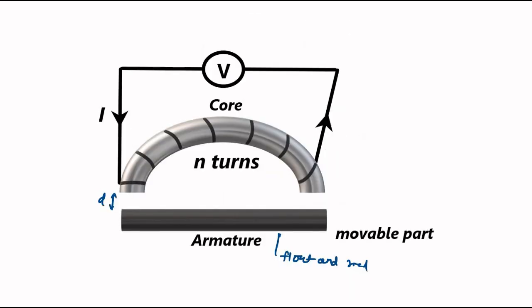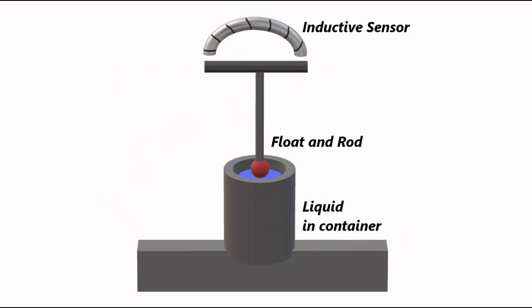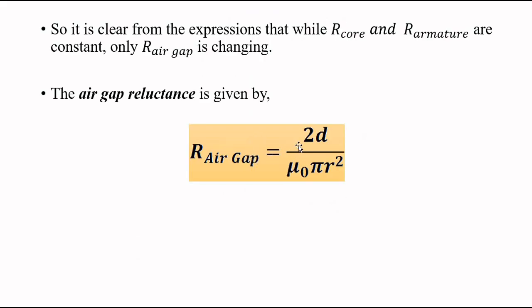As the air gap distance changes, the reluctance of the air gap also changes, which is given by 2d by mu 0 pi r square.